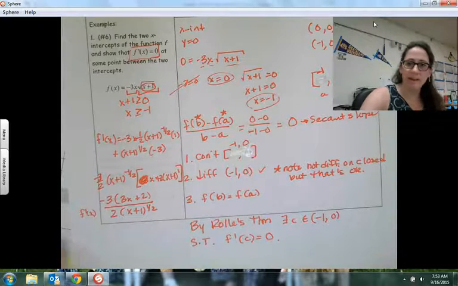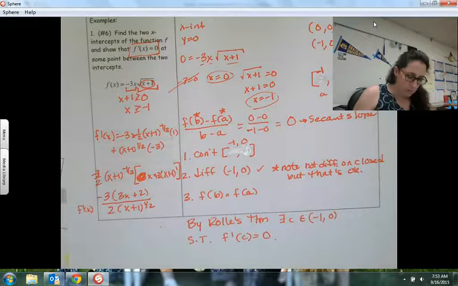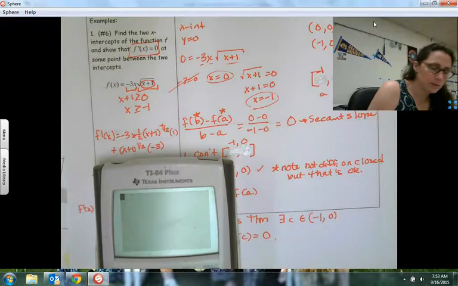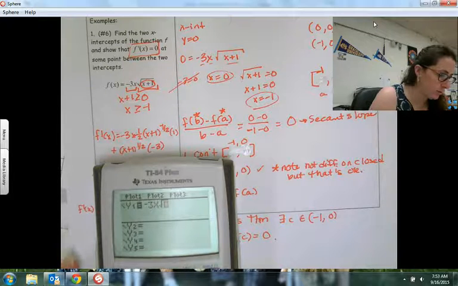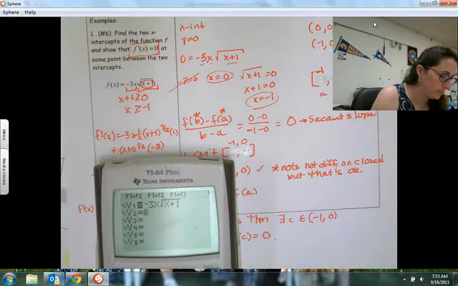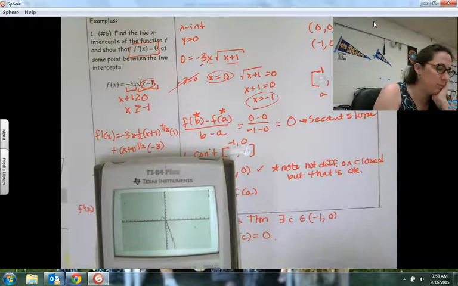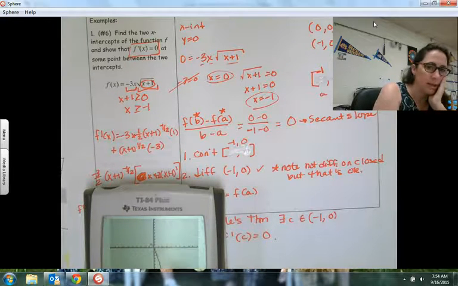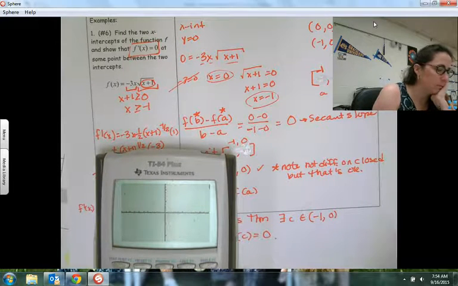You want to look at that graph? Let's look at that graph. X times square root x plus 1. Let's go ahead, let's zoom in a little bit, because I didn't zoom in too far.